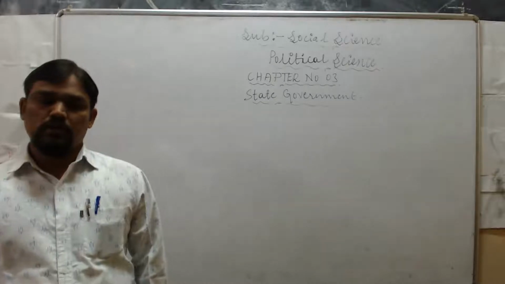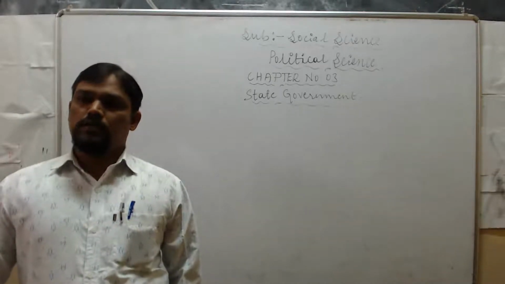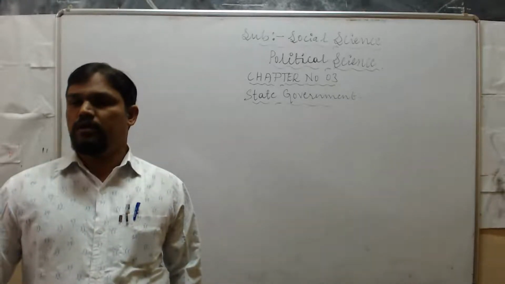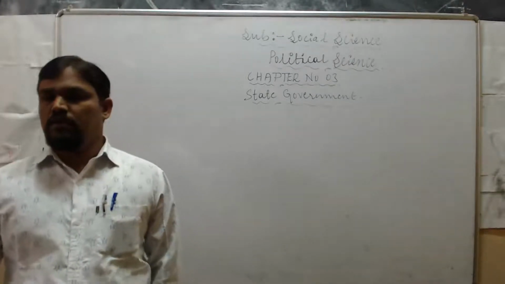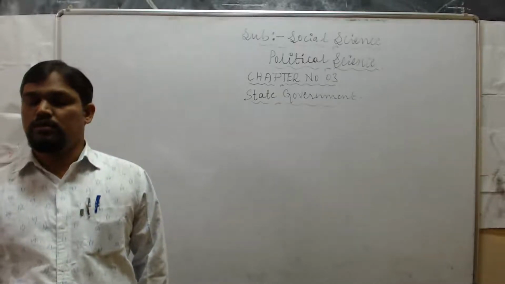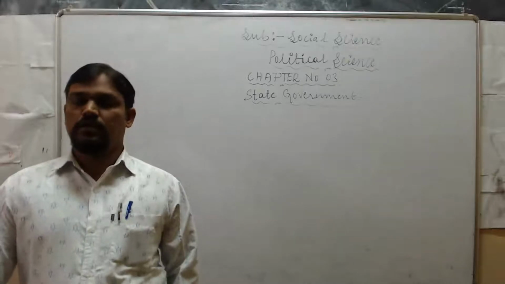It is like Rajya Sabha: Rajya Sabha is a permanent body and does not dissolve like Lok Sabha. Like that, at the state level, Vidhana Parishad is a permanent body and does not dissolve like Vidhana Sabha.